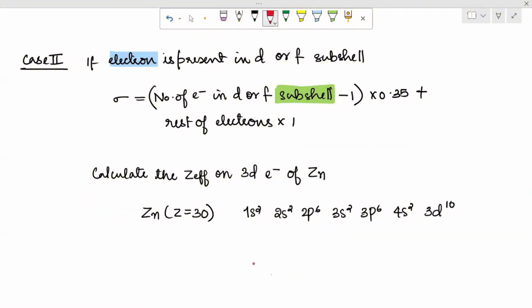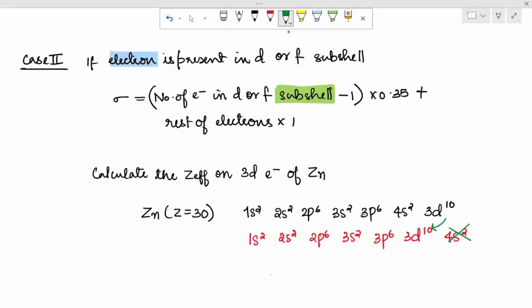Now in Slater's rule, while calculating the Z effective, we have to arrange it in increasing order of n. So this becomes 1s2, 2s2, 2p6, 3s2, 3p6, 3d10, 4s2. Now they have asked us to find the Z effective on 3D, so 4s2 need not be considered because that is a subshell which is outside 3D.